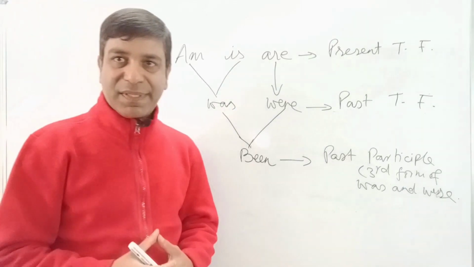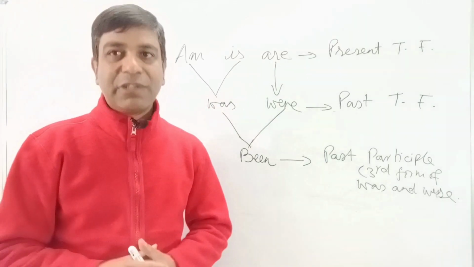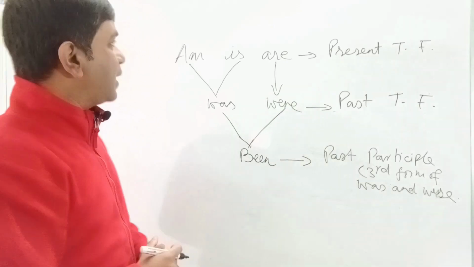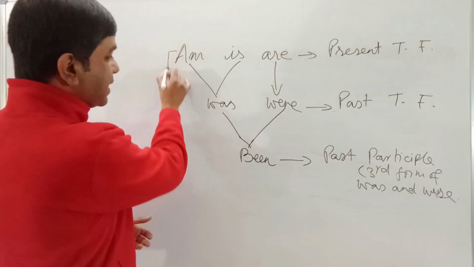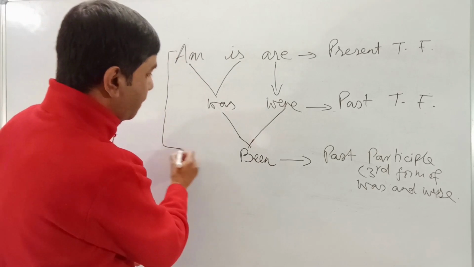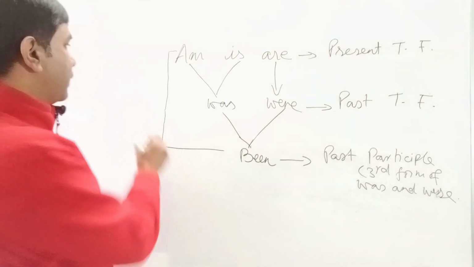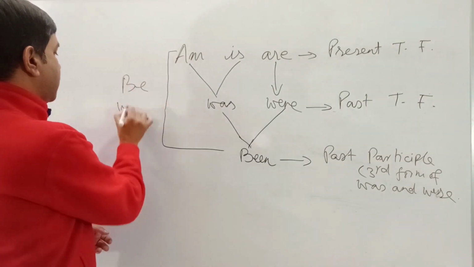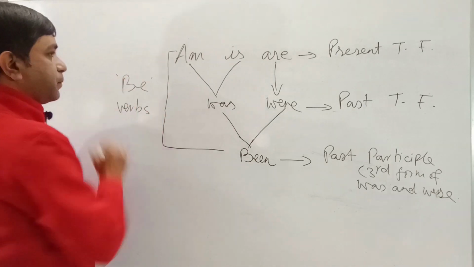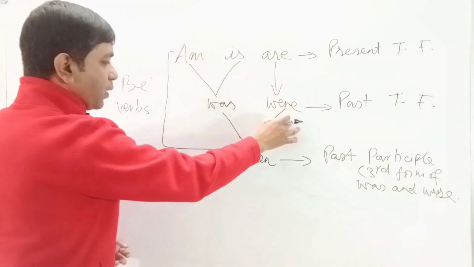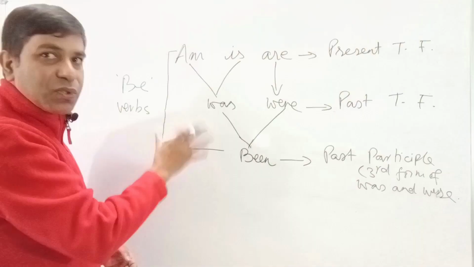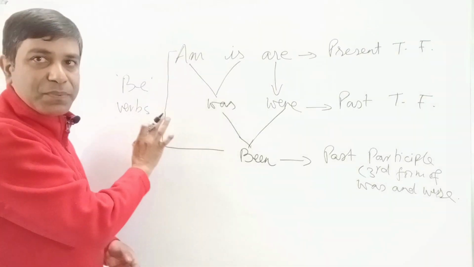It's very simple. You can take a screenshot of it for your better understanding. And all together, am, is, are, was, were, and been are called be verbs.